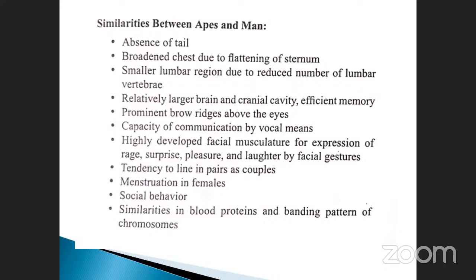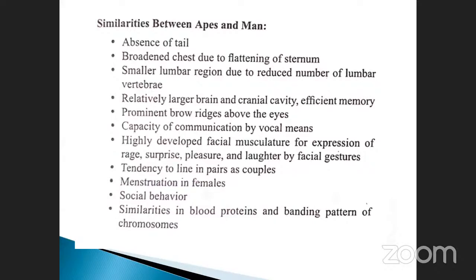Here, just take an example. Absence of tail. Apes have a tail, but man does not have a tail. Broadened chest due to the flattening of the sternum. Okay, so we have the chest and also the sternum. So many bones are connected with the sternum already in ours, but a broadened chest.